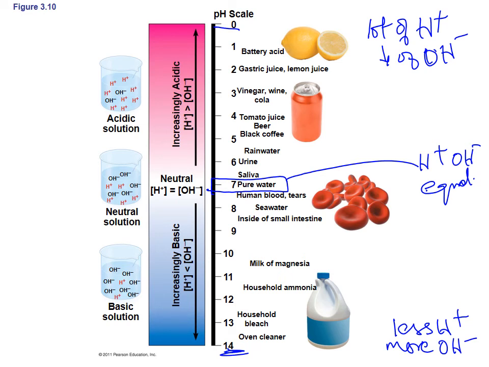Can you see that gastric juice or stomach acid has a pH of 2, and urine has a pH of 6, and blood has a slightly higher pH. It is not low. Be aware of that.